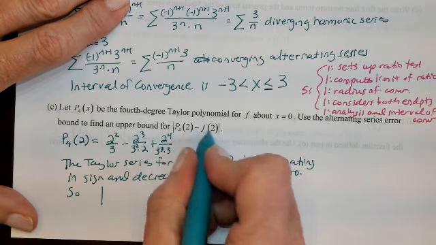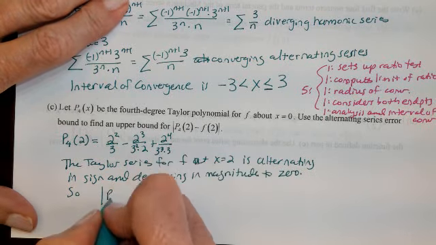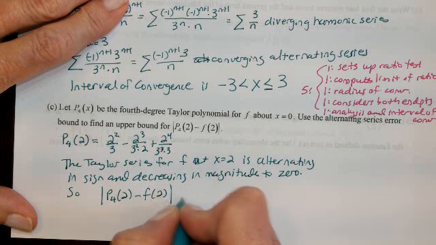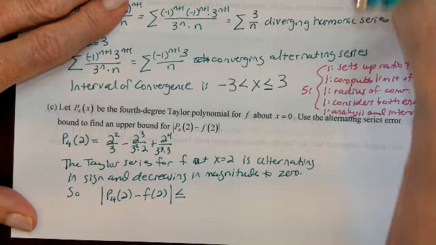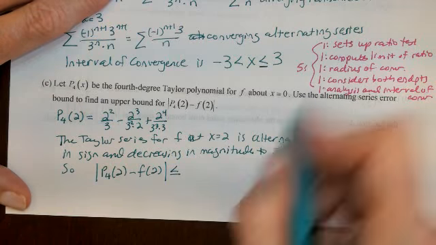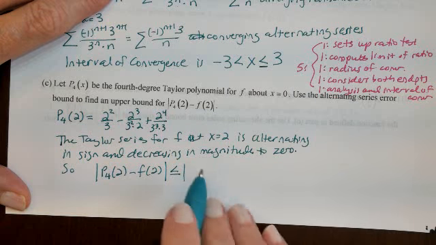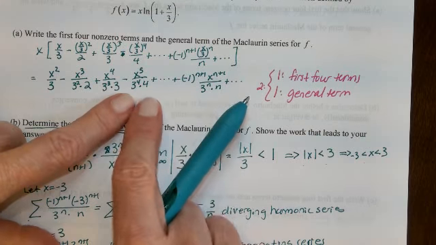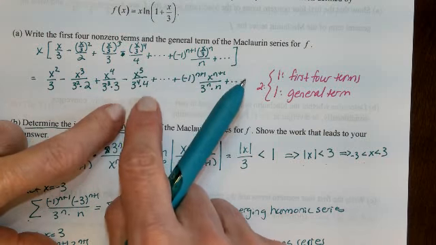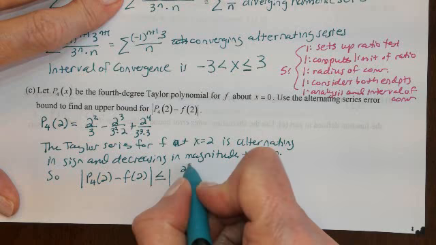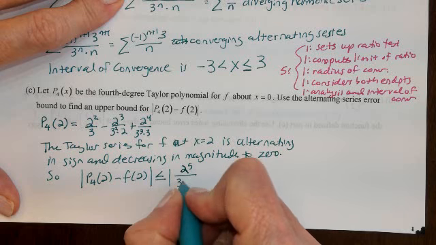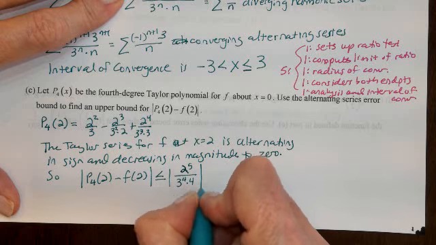So that error that they tell me to write like that, I'm going to write it how they tell me to, this error is less than or equal to the absolute value of the first unused term. Well, what is the first unused term? First unused term will be this with 2 in place of x. So 2 to the 5th over 3 to the 4th times 4.